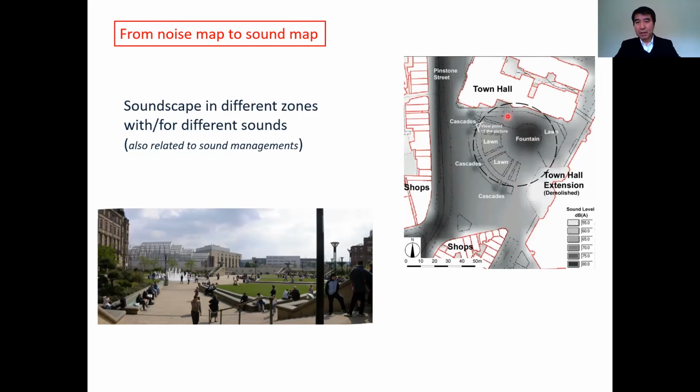This is a fountain, and as you move away from the fountain, you have a nice sound level, and that's a road. That's the highest level of road noise, but as you move away, it becomes less. So rather than the noise map I showed you in the first slides, now we move to a sound map, which considers positive sound and negative sound together in one map. So you can see where the overlap is and how we can design it together. That's one step further from noise reduction. We move from noise map to sound map.